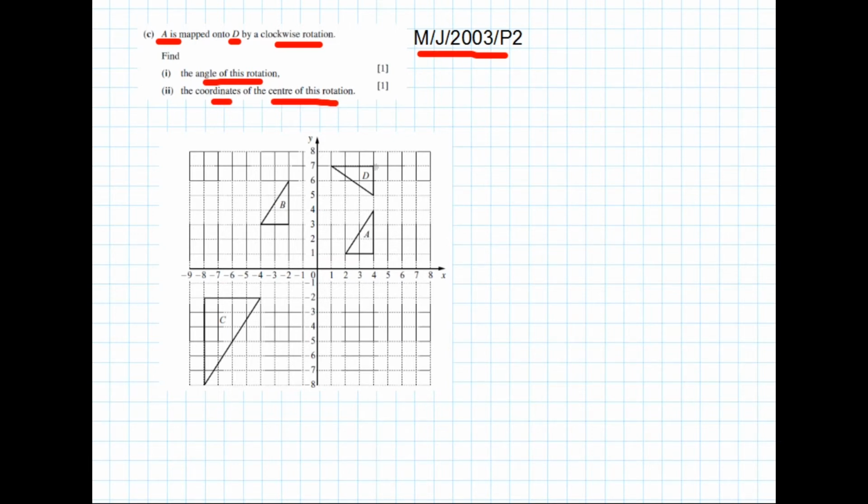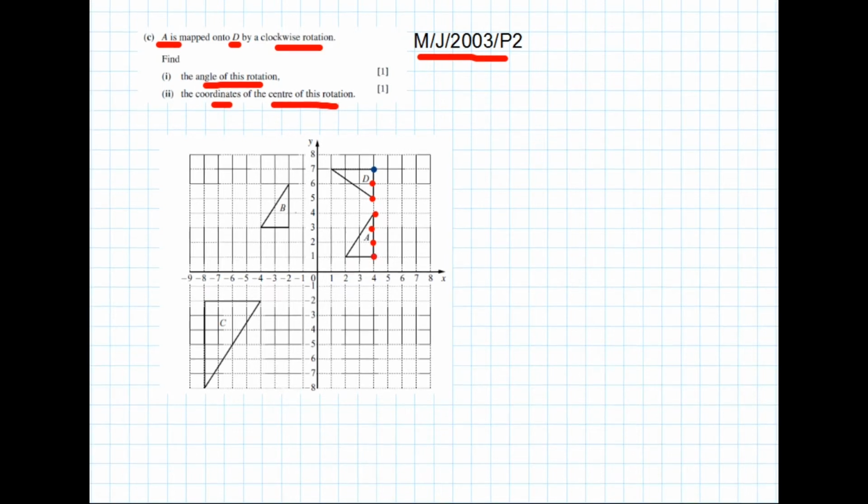First, we find the center of rotation by drawing the perpendicular bisector between two sets of corresponding vertices of triangle A and triangle D. Here there are 6 blocks between the corresponding vertices of triangle A and triangle D, as shown. So we draw the perpendicular bisector directly.